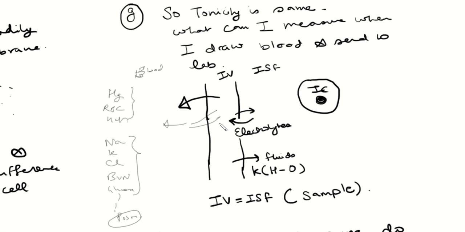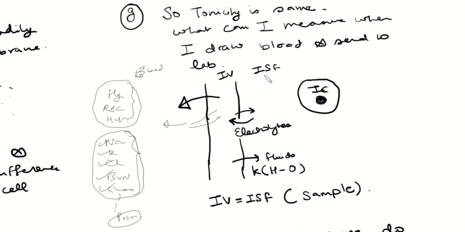The RBCs normally don't go outside the vascular space. So those are going to be the blood levels.